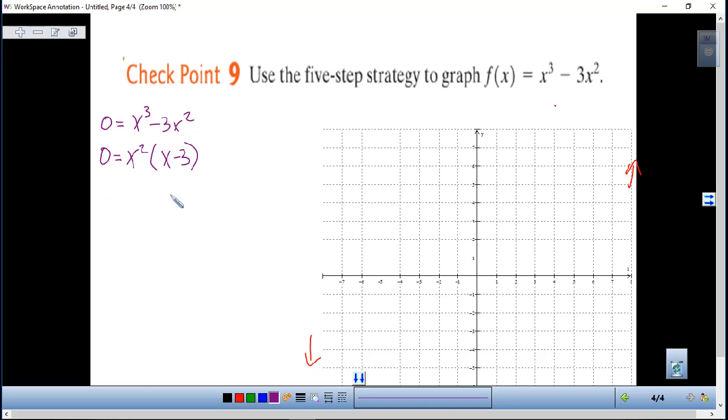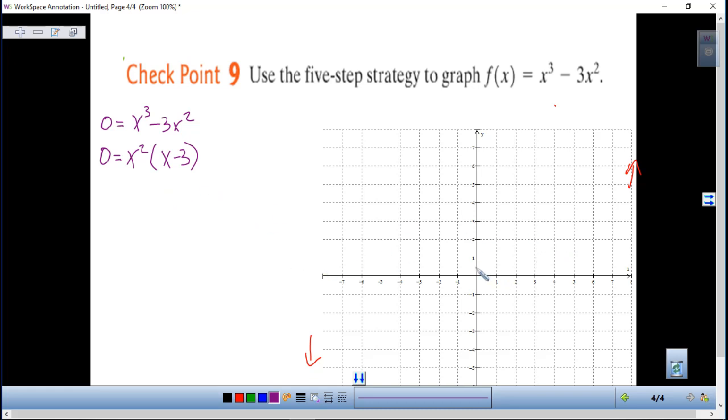And we've got this thing factored. We have 0 that's going to occur 2 times as a 0. It's a multiplicity 2, and x minus 3 is one factor, so that means that positive 3 is going to occur as a factor 1 time, or as a 0 1 time.